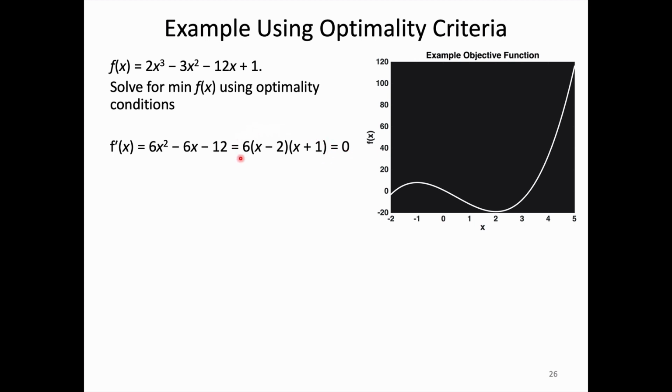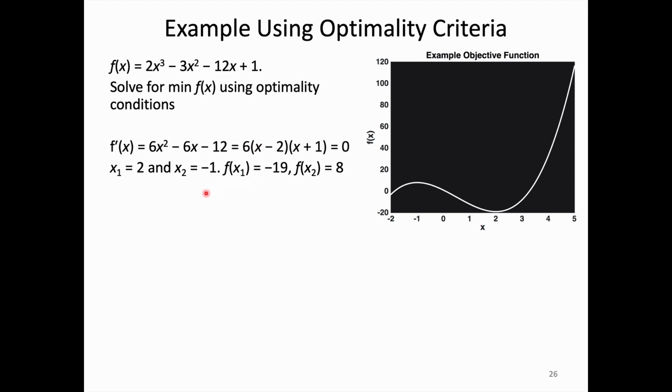By arranging the result in this way, it's very easy to see what the roots of this equation are. When x equals 2, the derivative equals 0. When x equals minus 1, the derivative equals 0. So these are the two roots, and at each of those roots, these are the objective function values.